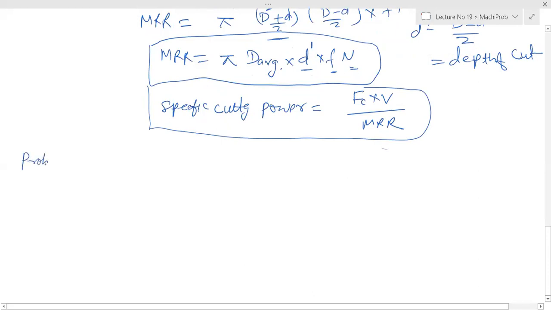In drilling of a 220 mm diameter hole, okay, this is a very easy problem. Put the values, get the answer. So we'll not discuss this.